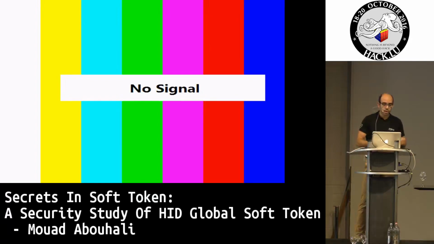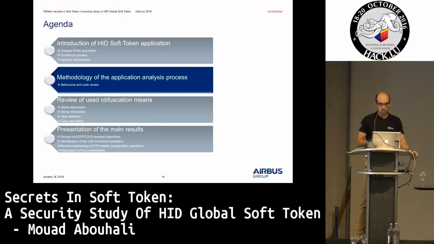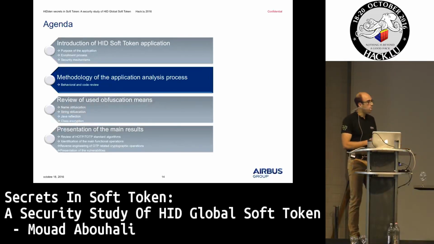Normally the application should not work under a jailbroken or a rooted device. So that's the first observation. Unfortunately, when we started our analysis, the first step simply failed because the application ran normally under an Android emulator, for instance. We carry on our agenda.